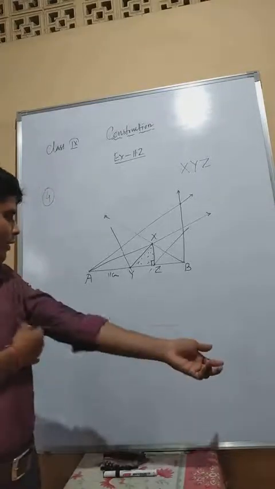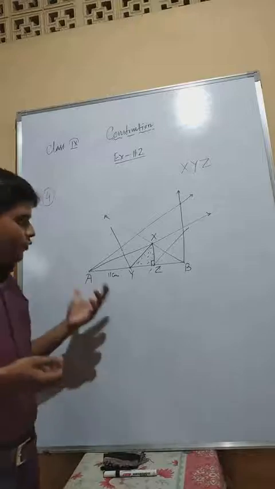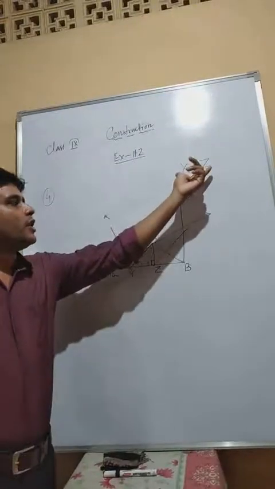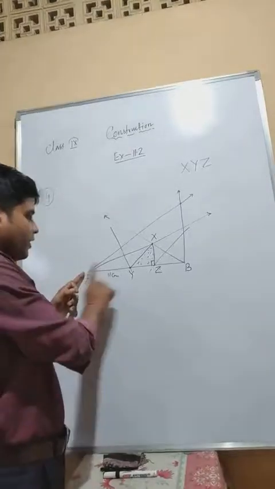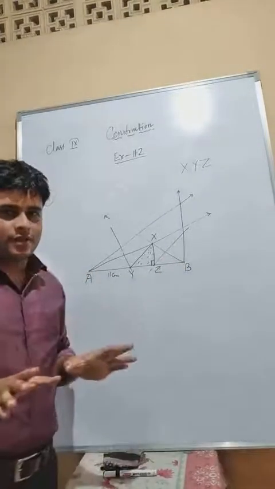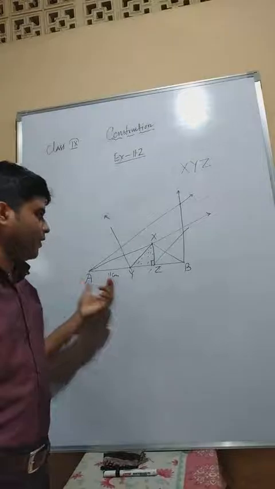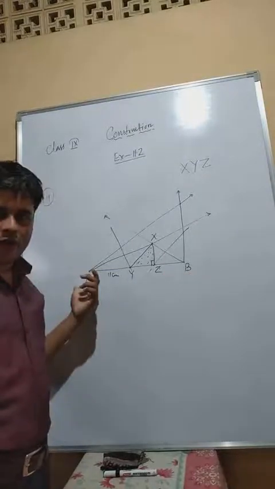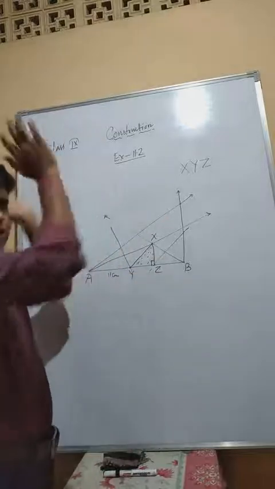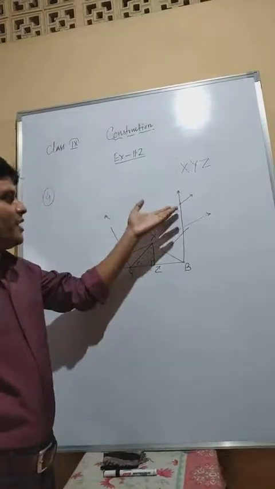So again I am telling you that first we are going to draw this XYZ triangle, so you don't put XYZ as the names here. Any alphabet you can put. I have given AB. Then at A and B, draw the given angles. Maybe they intersect, maybe not, it does not matter.